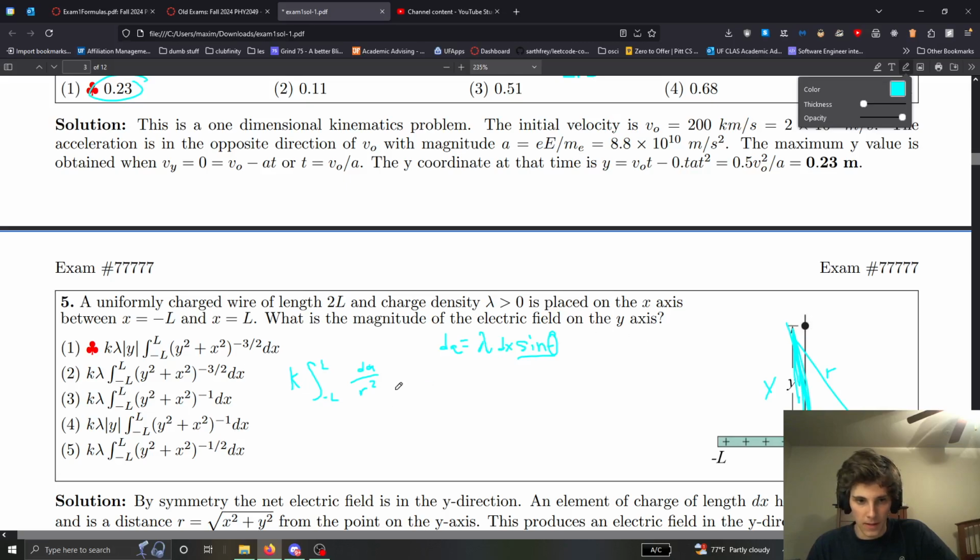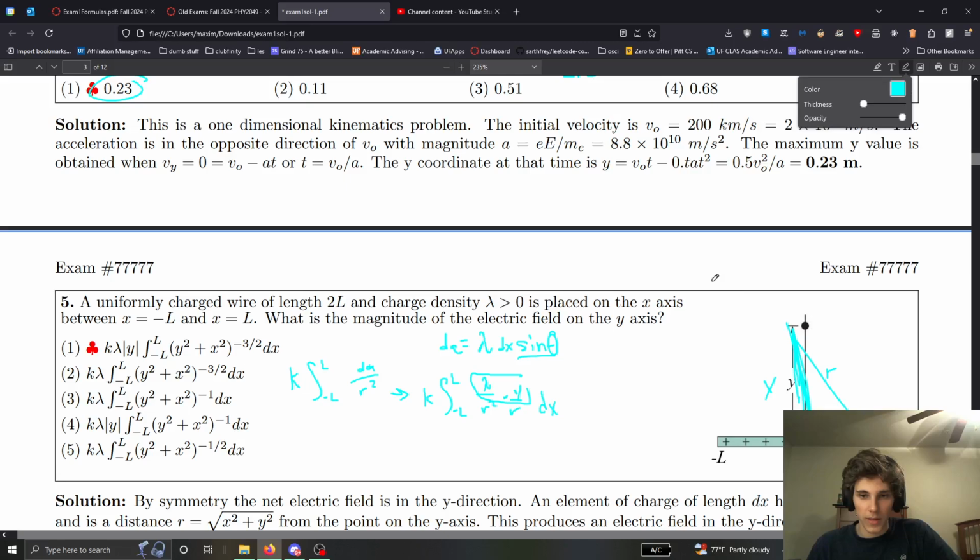So in the end, we transform this into k, integral from negative L to L, of lambda over r squared times y over r. Notice, we're only integrating with respect to dx, which means that both lambda and y are constants and can be moved out front, hence what you see here.